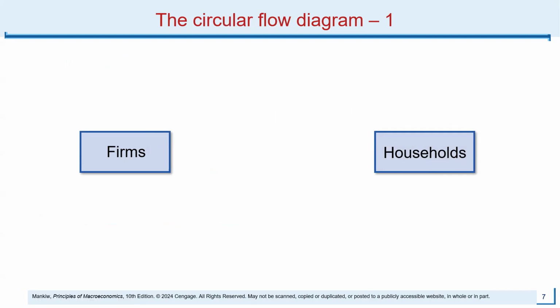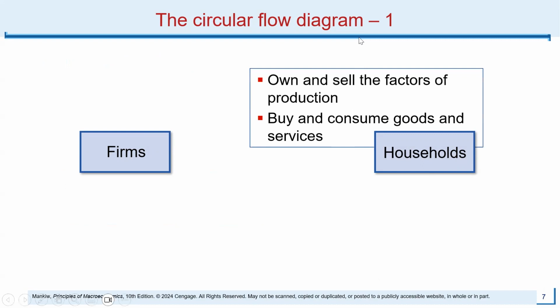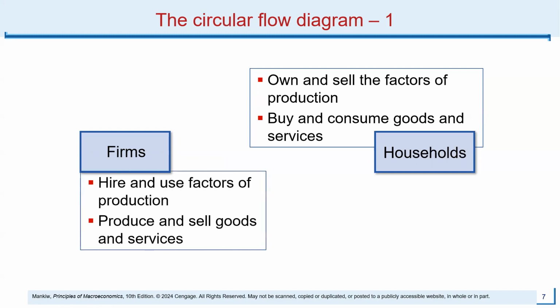After we get the individuals, we use a bubble around each to indicate the key characteristics of that agent. A household owns and sells the factors of production, and second, they buy and consume goods and services, right? This is their role. And then the firms hire and use factors of production.